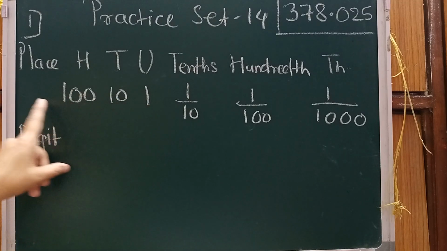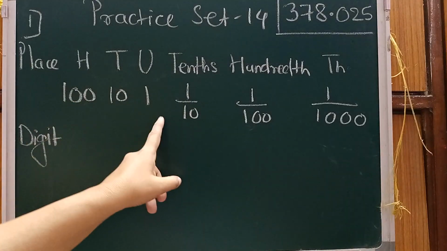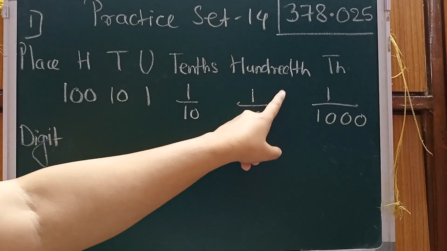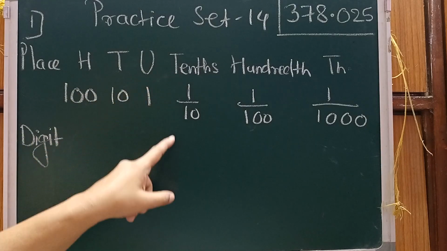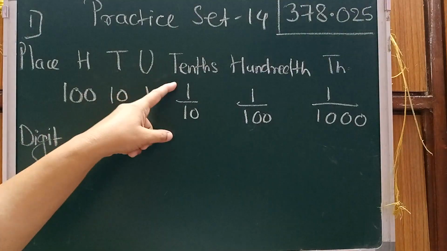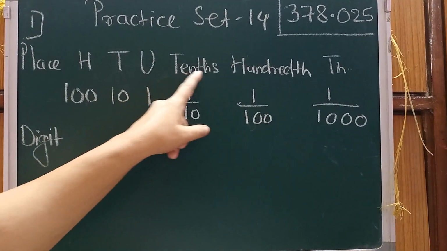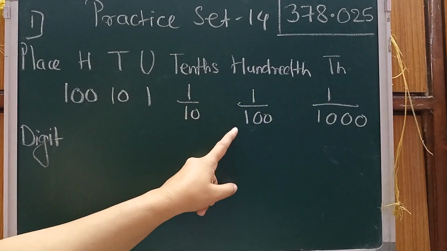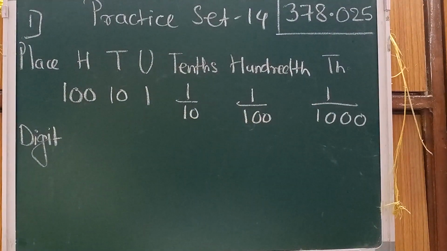From this to the left hand side we have studied the places till now. After the decimal point we have to write the 10th place, 100th place and 1000th place. As these are decimal fractions, we write these in fractional form: at 10th place 1 upon 10, at 100th place 1 upon 100, at 1000th place 1 upon 1000. In this way we are going to write.